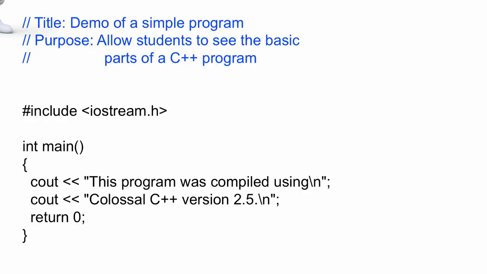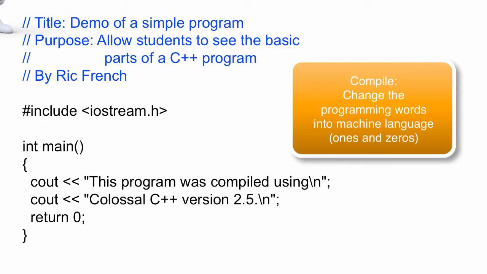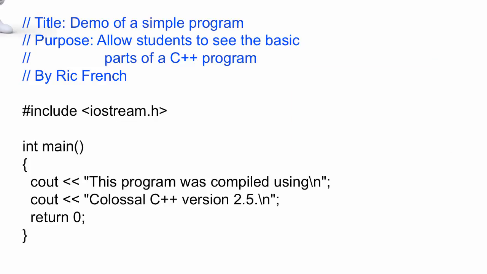And by the way, that's the author. All these lines will be totally disregarded when the program actually compiles, when it goes from words and symbols into ones and zeros. That's what compiling is. It's changing those words to ones and zeros. It discards anything after the //.